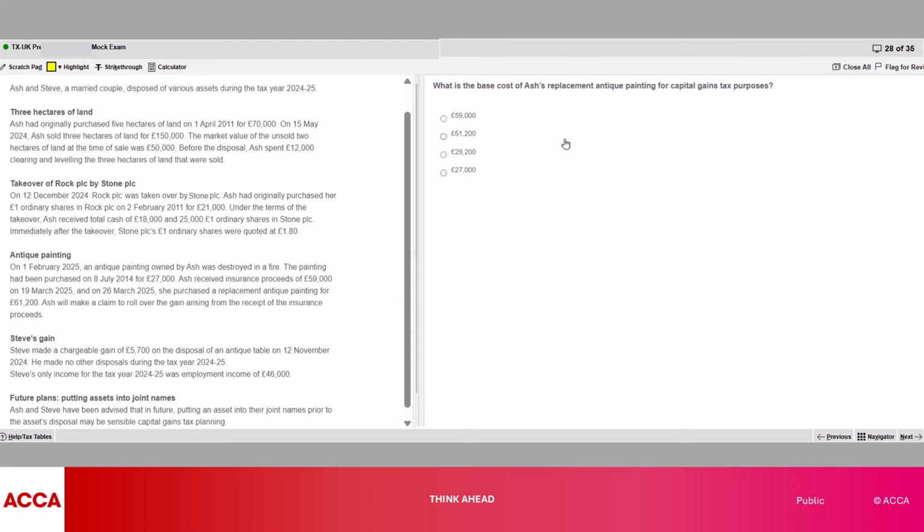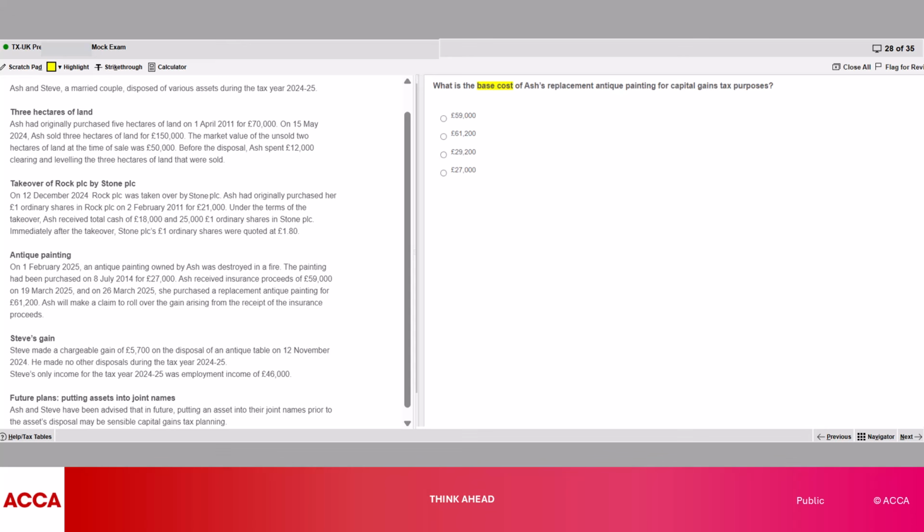The next question is all about compensation received for an asset that's been destroyed. And the requirement here is for the base cost of the replacement antique painting for capital gains tax purposes. The base cost means the cost that we're going to use for CGT purposes.